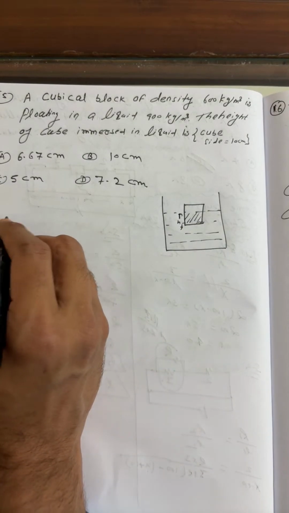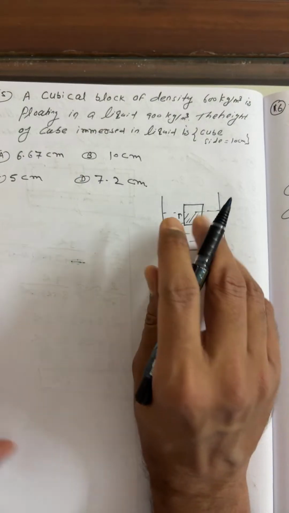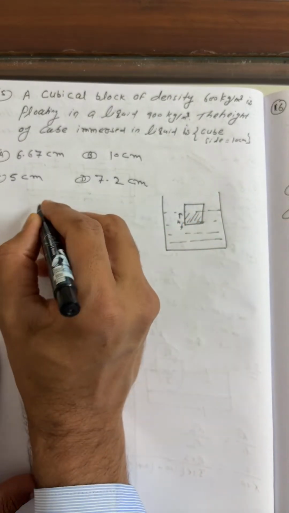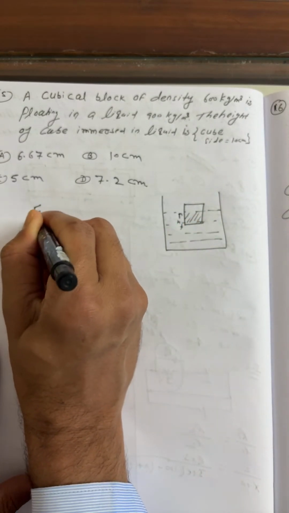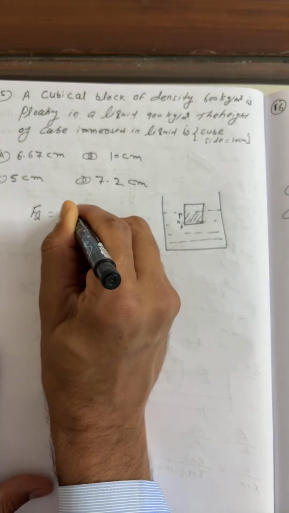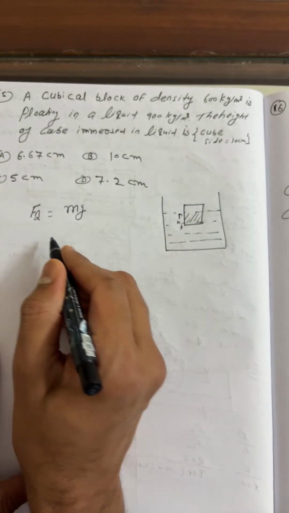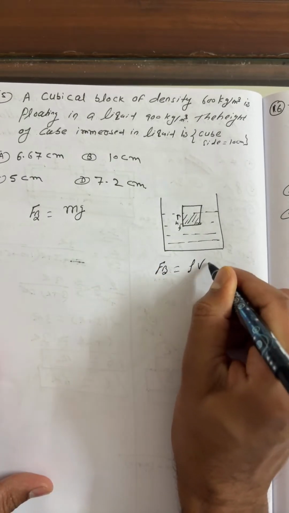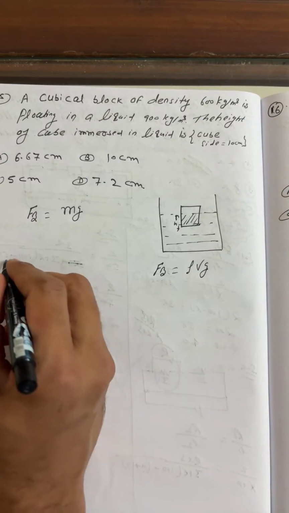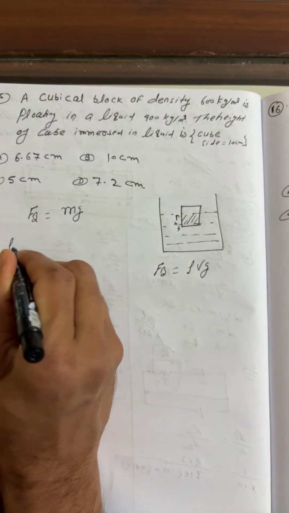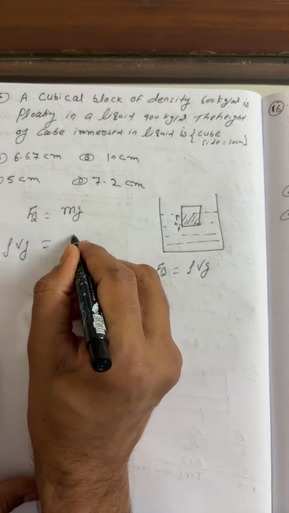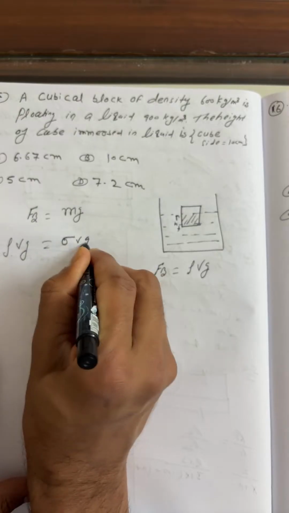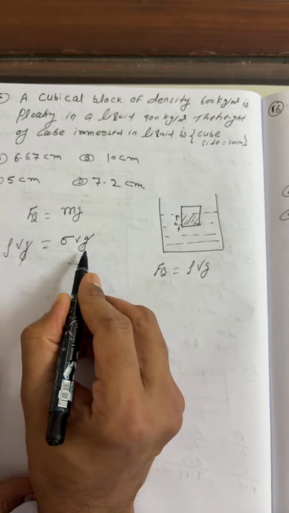Simple, we can apply this. When the system remains in a steady condition, you can say equilibrium. If the system is in equilibrium, then buoyancy force equals mg. And what's the buoyancy force? Rho V g. So rho V g equals sigma V g, and V and V cancel.